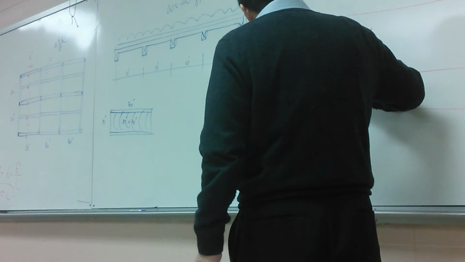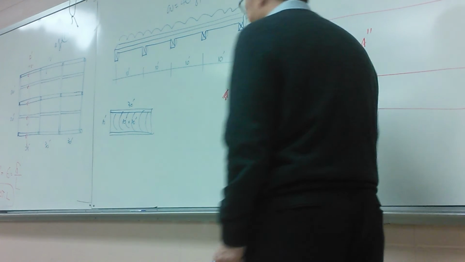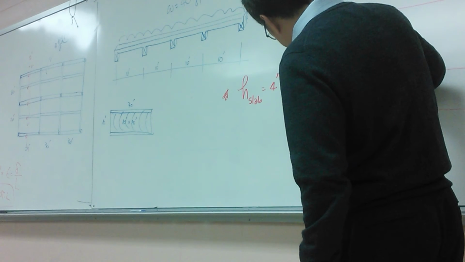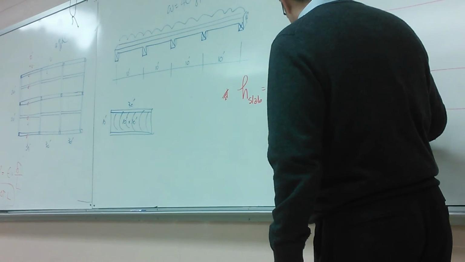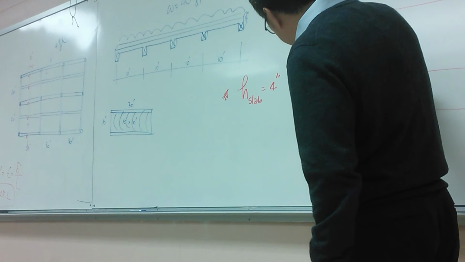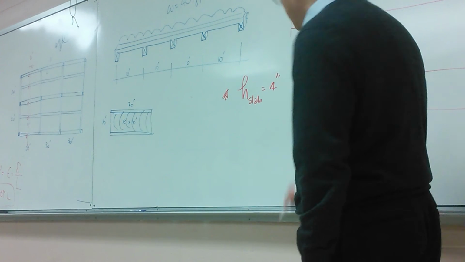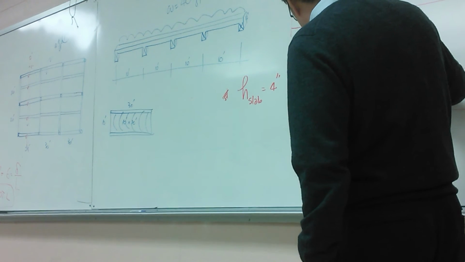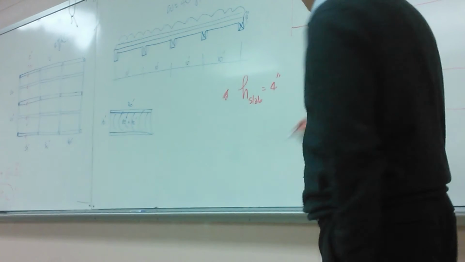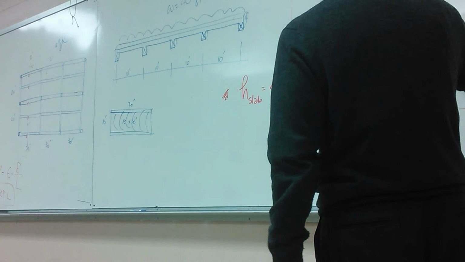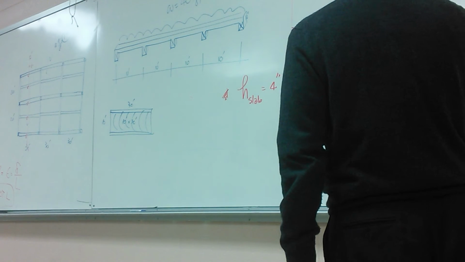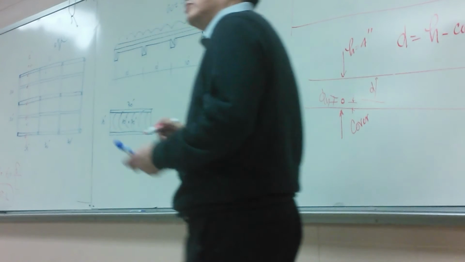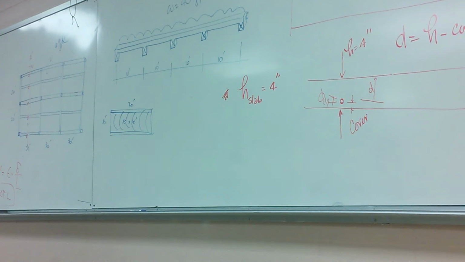So your rebar is at the bottom, so you can have cover, and then the bar diameter. The centroid of the bar to the top will be your d. So your effective depth will be the total height minus cover minus half the diameter of the bar that you want to use.